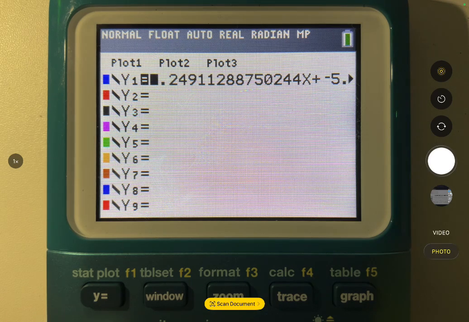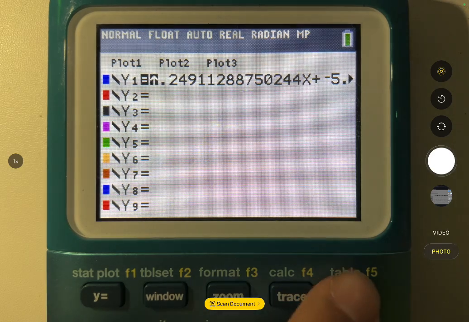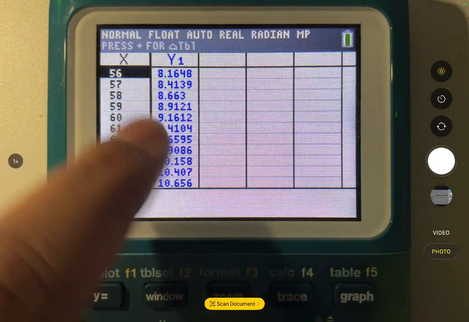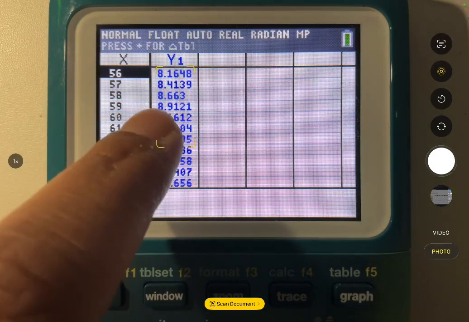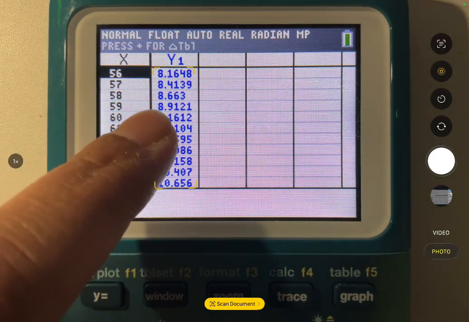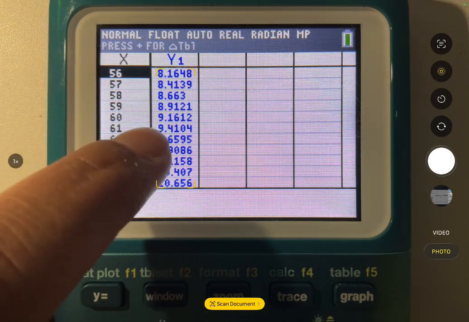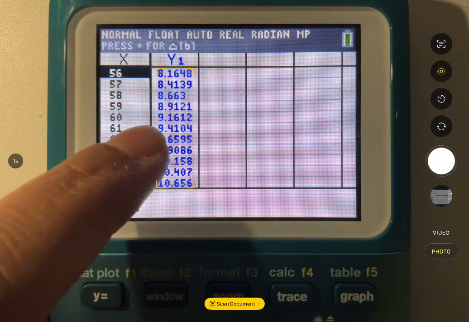So I'm going to press second graph. Notice the word table is right there above graph. So hit second graph, and here's the table. I'm in the 50s, closer to the 60s, but there is a fast way to get to the number 40. Miss, mine messed up.